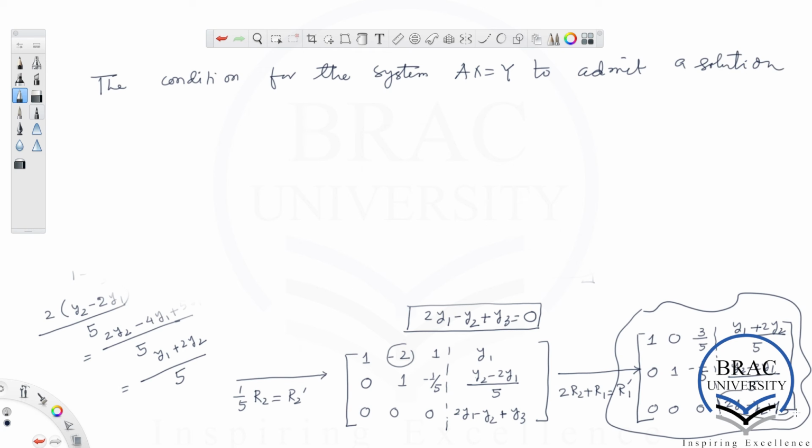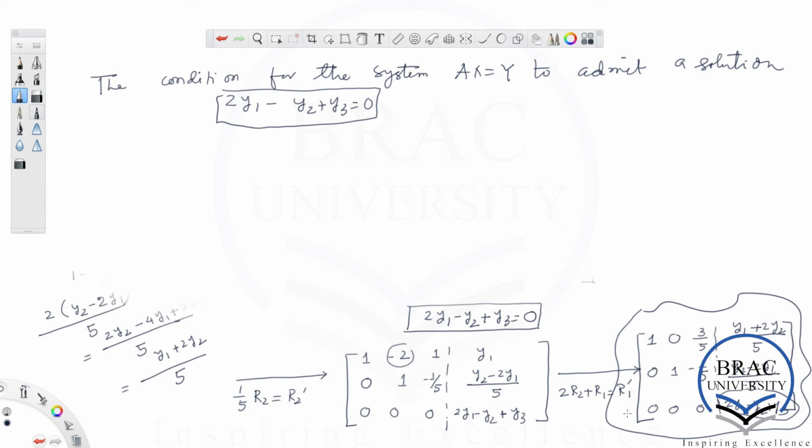We want this guy to be 0. 2y1 minus y2 plus y3 is equal to 0. And if this condition is met, then we can express the leading variables that we also discussed in the general method. The leading variables can be expressed in terms of the free variables in the following way.